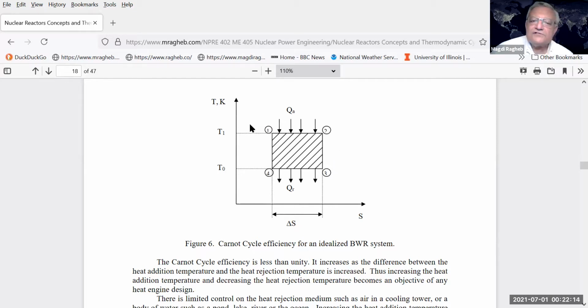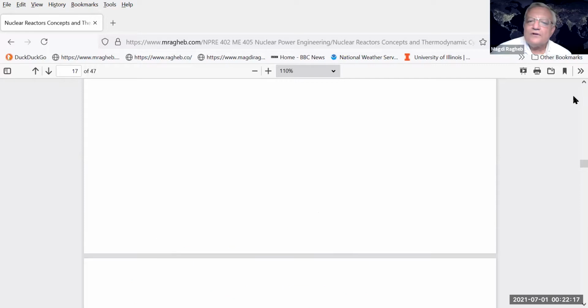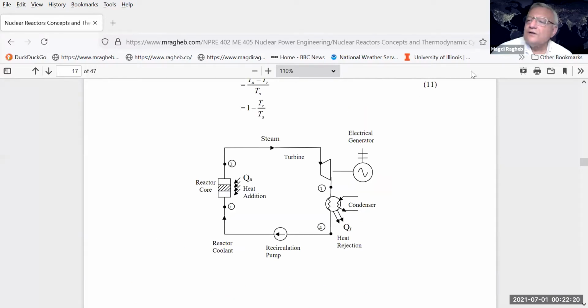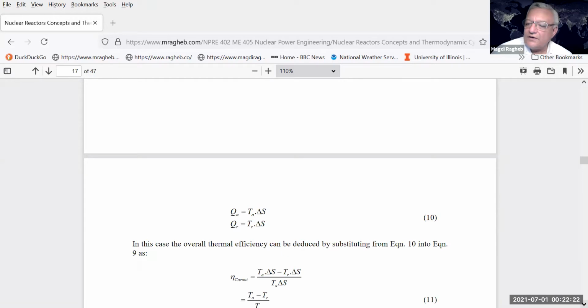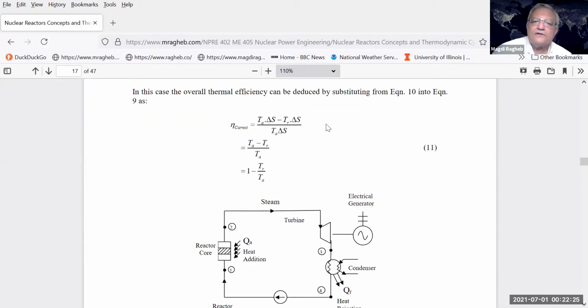But the Carnot cycle efficiency then becomes, if you substitute in the heat addition expression as delta S into T, the areas of the rectangles, you find that the Carnot cycle efficiency can be written as the heat addition temperature minus the rejection temperature divided into the heat addition, which is the same as 1 minus T of the working fluid, divided into the heat addition temperature, T sub A here, and the rejection temperature here would be T rejection, or TF.